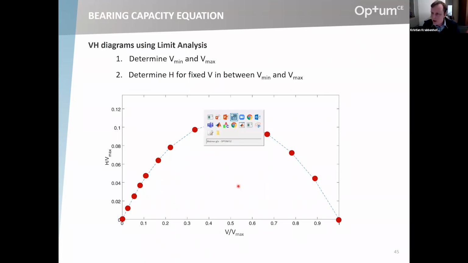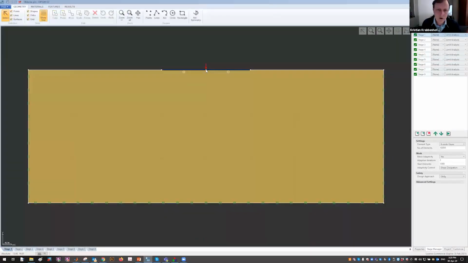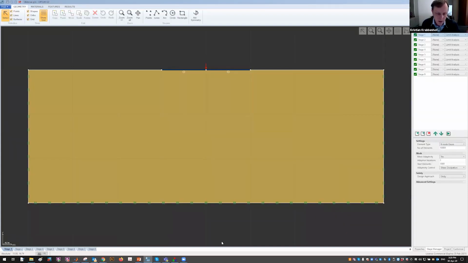So just to show an example. This is basically the example that generated the points I showed before. So to determine the maximum V, regular bearing capacity analysis, or regular limit analysis, I get a load multiplier of 6, something like that.